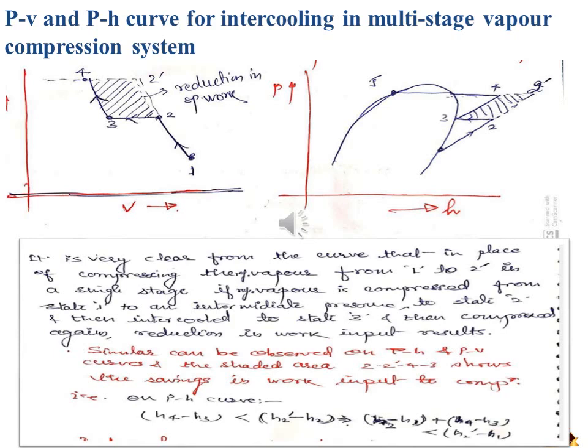The same has been written in theoretical form in the slide below. We can observe from the pH curve that the enthalpy difference between point 3 and point 4, H4 minus H3, is always lesser in comparison to the specific enthalpy difference between H2 dash and H2.